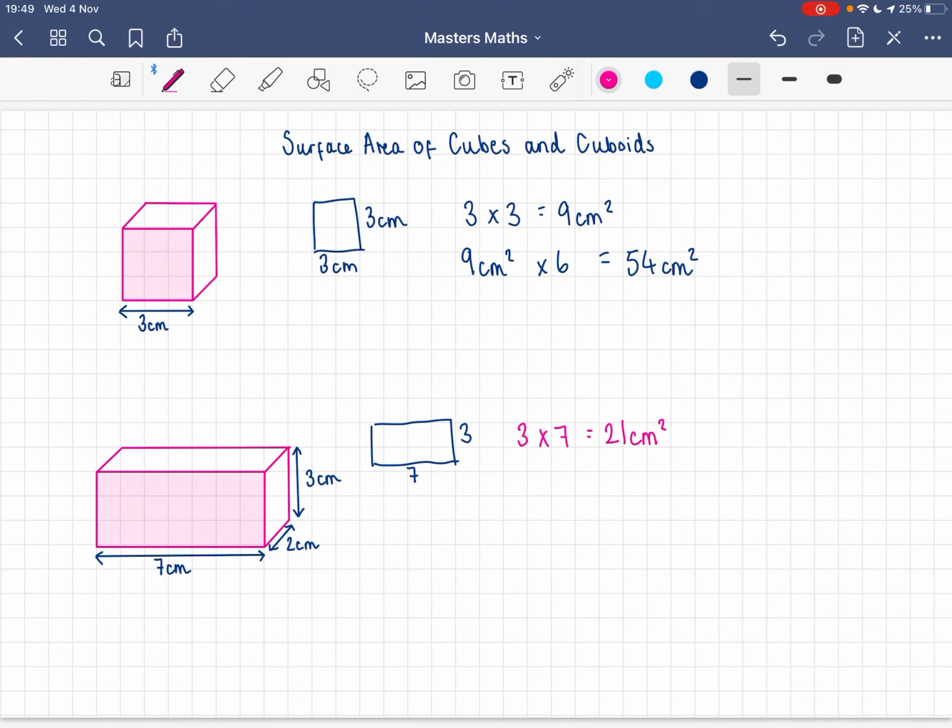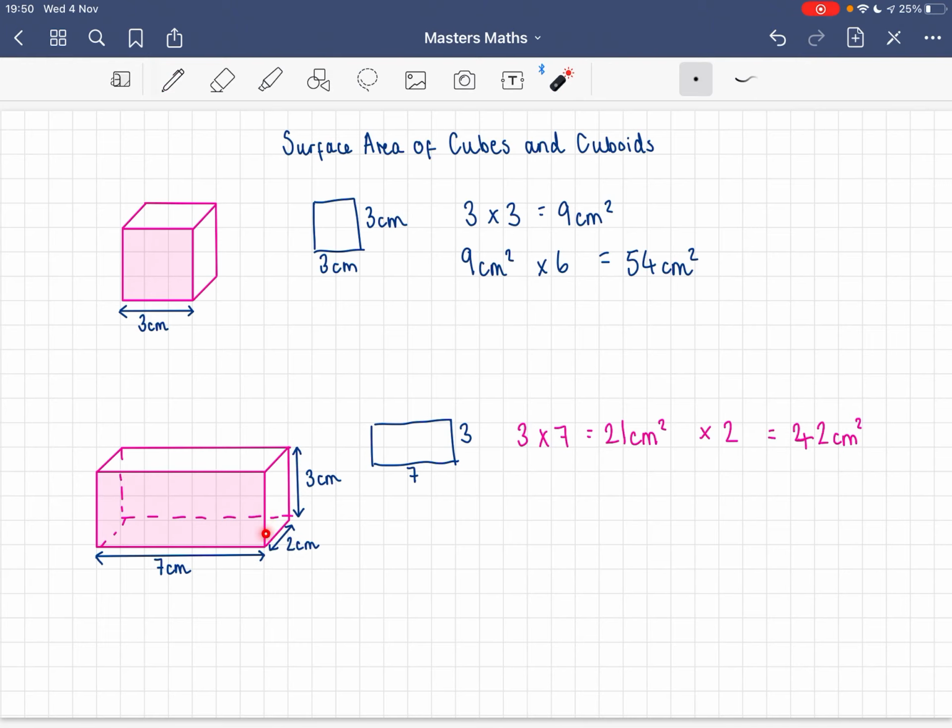If we sketch it in, this back face here is exactly the same size as the one at the front. So we have 2 rectangles that have the same area. We can multiply that 21 centimeters squared by 2, meaning between the front and the back we have a total of 42 centimeters squared.